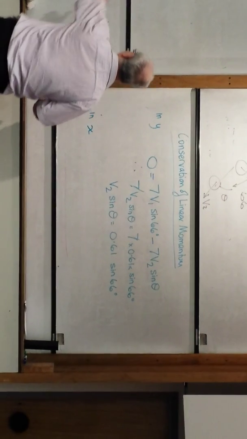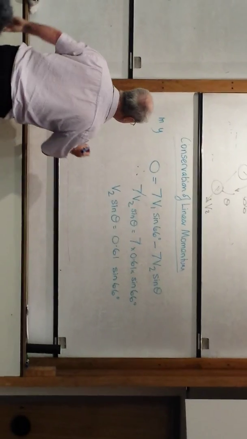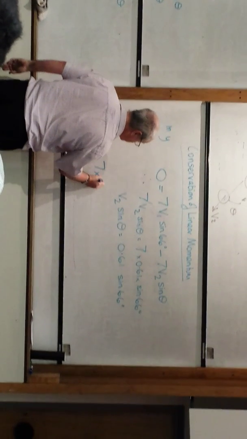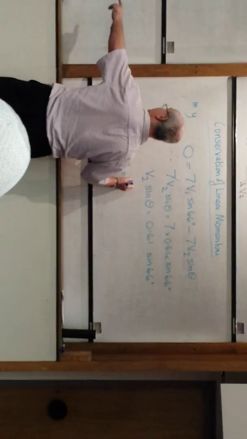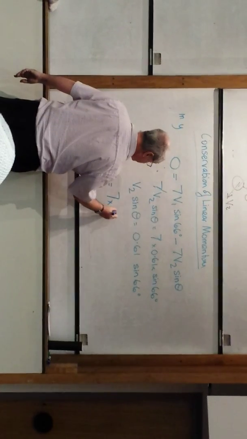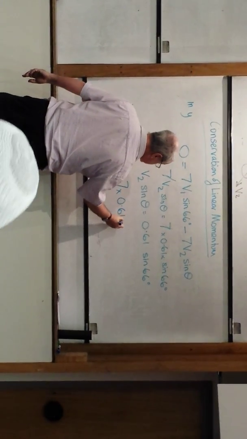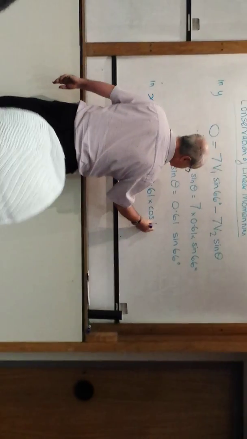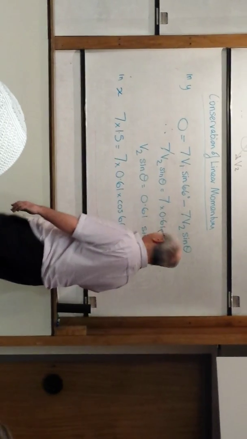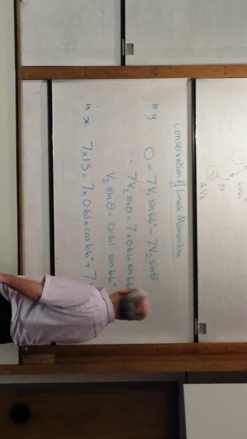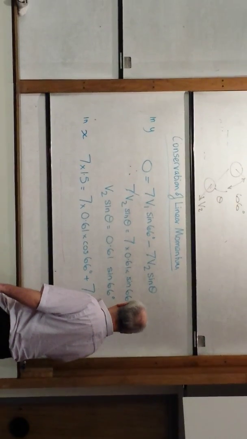in x, I have that 7 times 1.5 is equal to m1, which is 7 times v1, 0.61, times cosine 66 degrees, plus 7 v2 cosine theta.